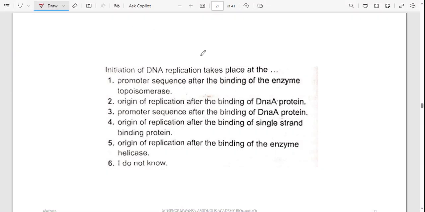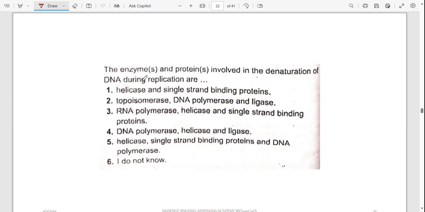Initiation of DNA replication is going to take place at what we call the origin of replication, after DNA binds, and that's what causes the initial separation before helicase can take off. Enzymes and proteins involved in denaturation of DNA replication are helicase and single-stranded binding protein, topoisomerase.